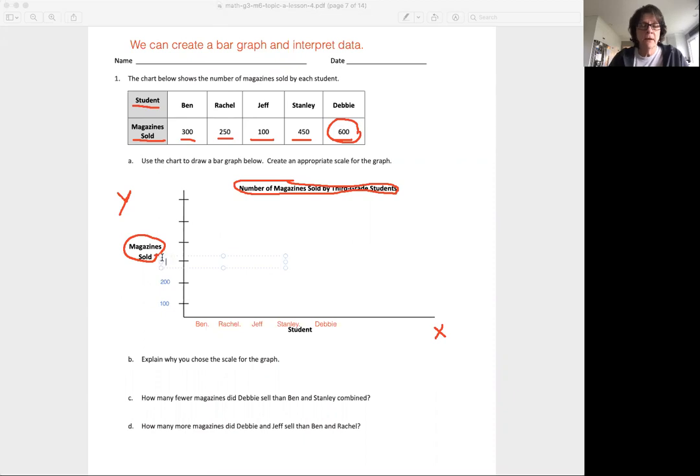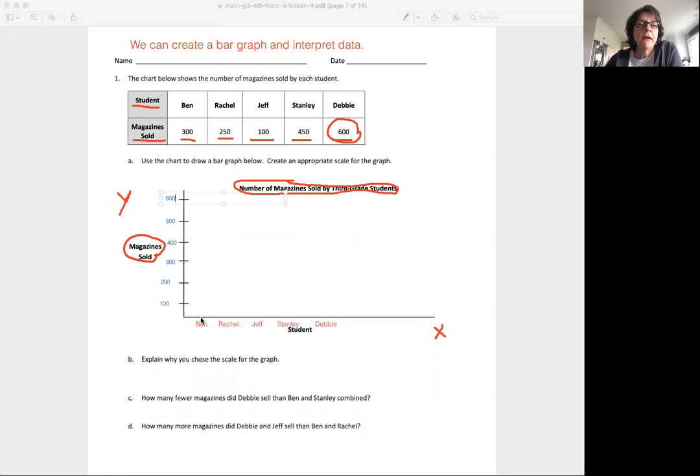The next one will be 300. The next one will be 400. The next one will be 500. And the last one up here is 600. Now I feel confident that even my largest number will fit on this graph, right?